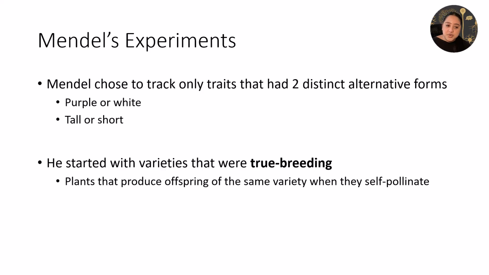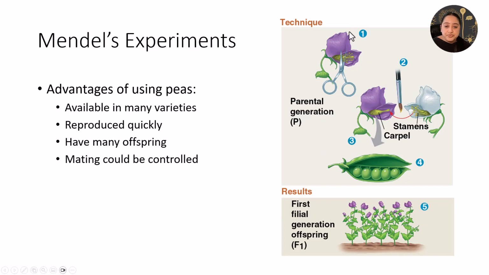And so he started with varieties that were true breeding. What that means is, if you let this flower self-pollinate, it will only ever have purple flowers. So if we go back here, this purple flower plant, if you let it self-pollinate, it'll only ever have purple flowers. And so that's what's called true breeding.